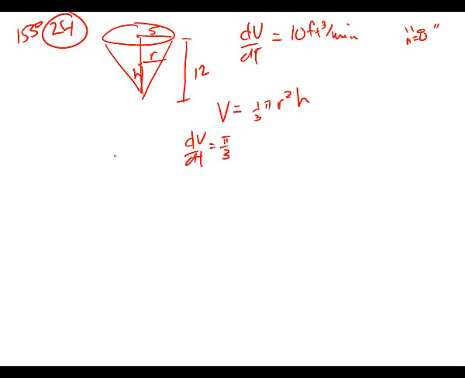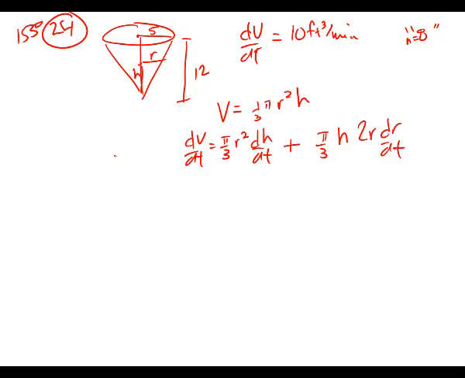Alright, I keep the first, which is r squared. Derivative of the second with respect to time is dh/dt. Plus, we keep the pi over 3. We're going to keep the second, the h. The derivative of the r is what? dr/dt. Good.